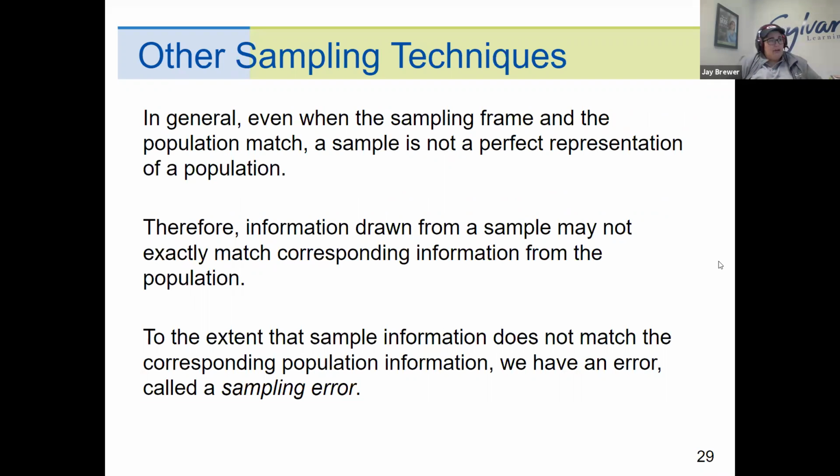In general, even if the sampling frame and the population match, a sample is not perfect. So we can end up having what is called a sampling error. This is when the sample information does not match the corresponding population information. Okay. You will have to figure out sampling error. There is a formula attached to it.